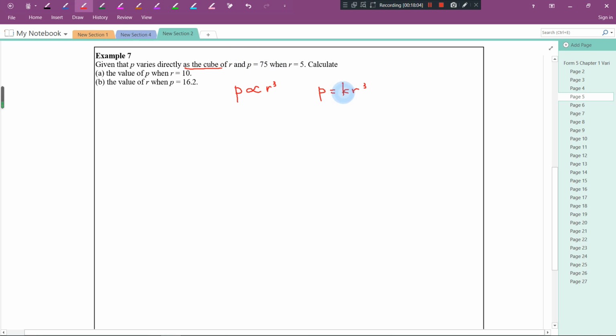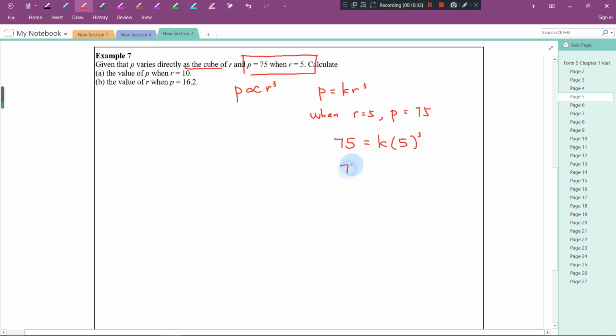To get the value of k, I need to use the two pieces of information given by the question. When r is equal to 5, p is equal to 75. I'm going to plug in this value into here and here. p is equal to 75 is equal to k times r to the power 3.